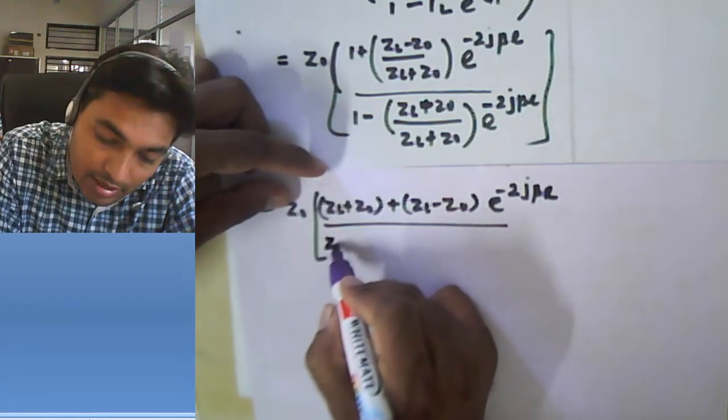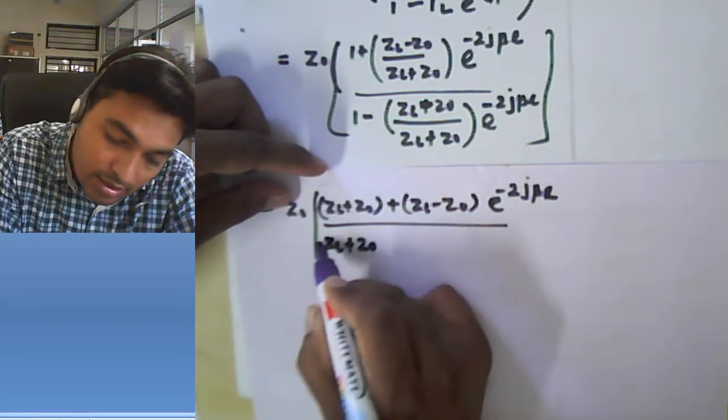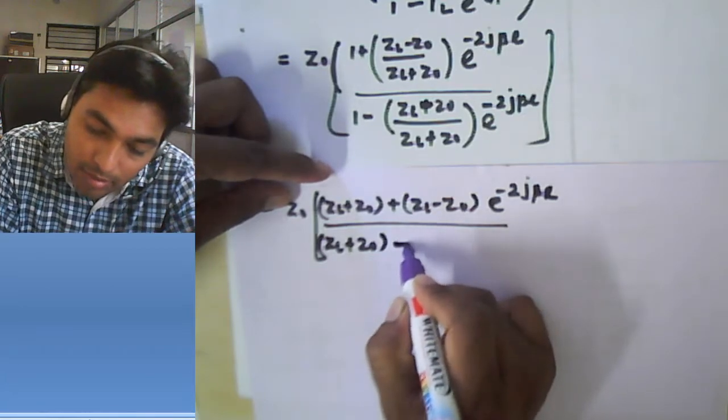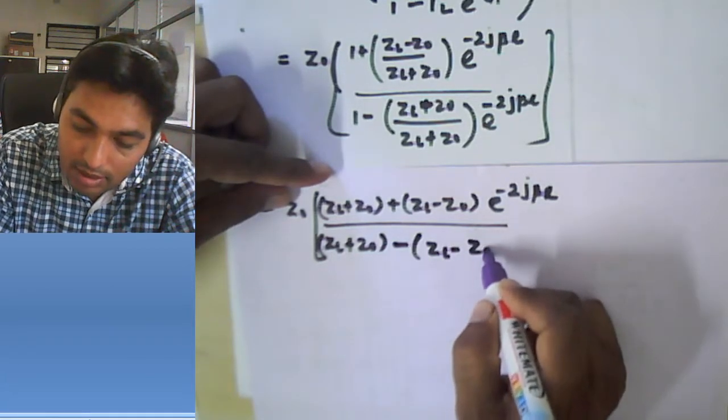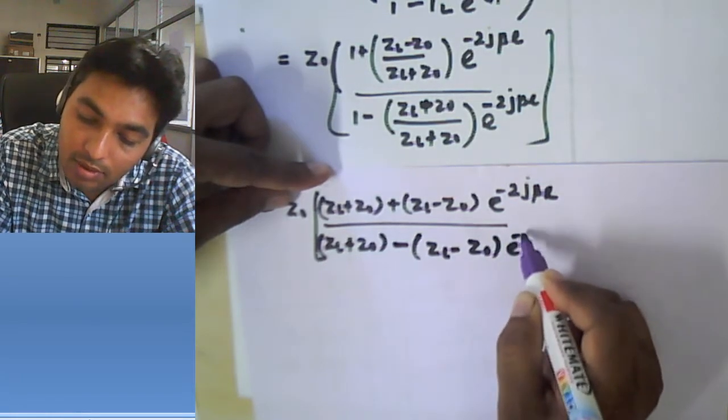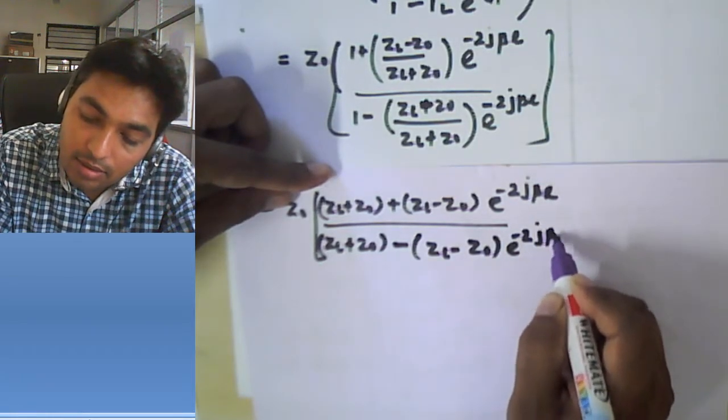So this will be ZL plus Z0 minus ZL minus Z0 into e raised to minus 2j beta L.